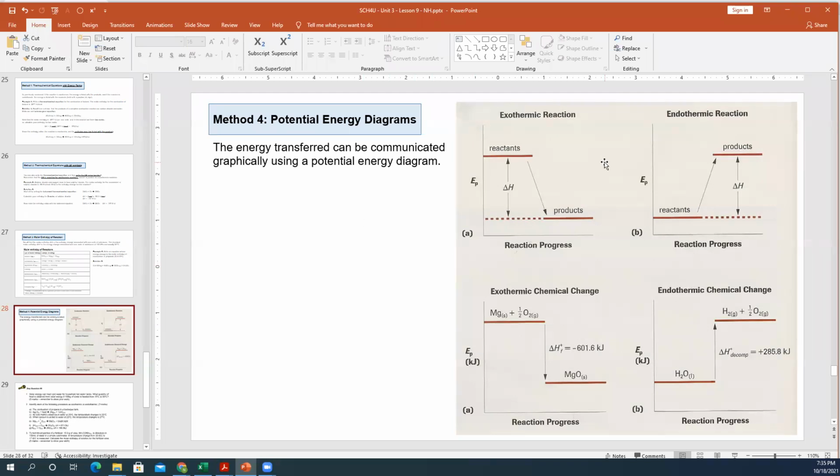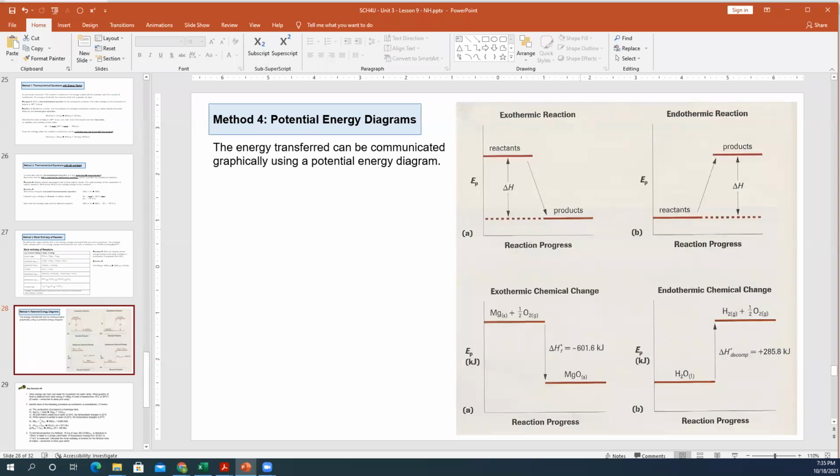And in a potential energy diagram, you have the potential energy on the vertical axis, on the y-axis, and you have the progress of the reaction on the horizontal or x-axis. And you have the energy of the reactants and the energy of the products.